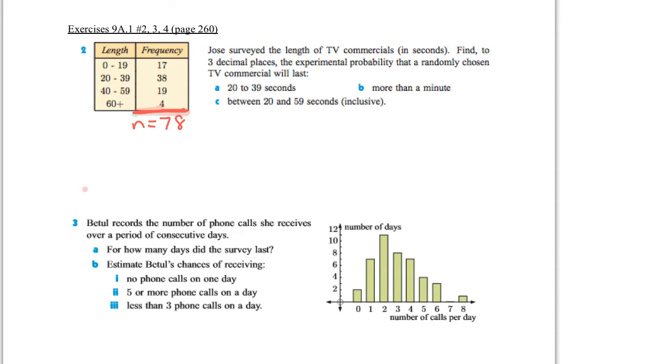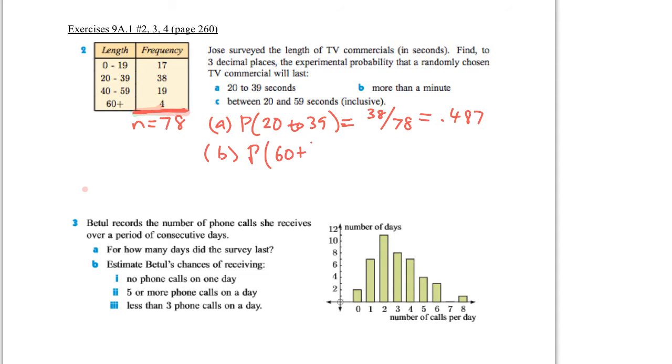So now if we want to express in probability that he watched a commercial that was 20 to 39 seconds, we could see that he did that 38 out of 78 times, or as a 3 sig fig decimal 0.487. Part B, more than a minute, so that would be the 60 plus event or outcome.